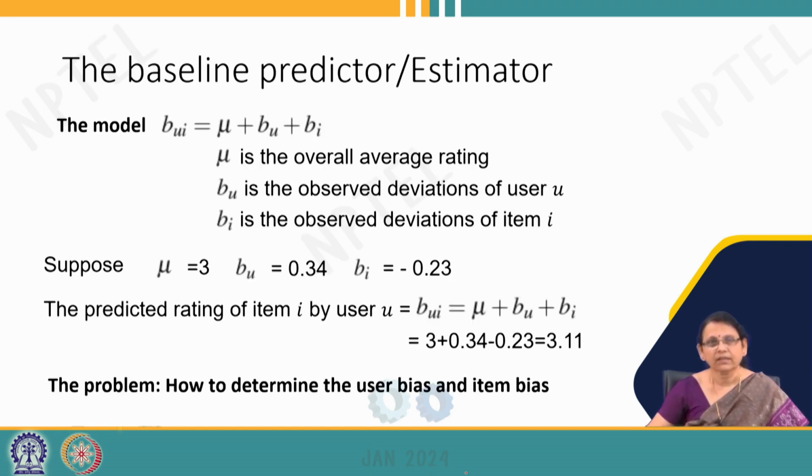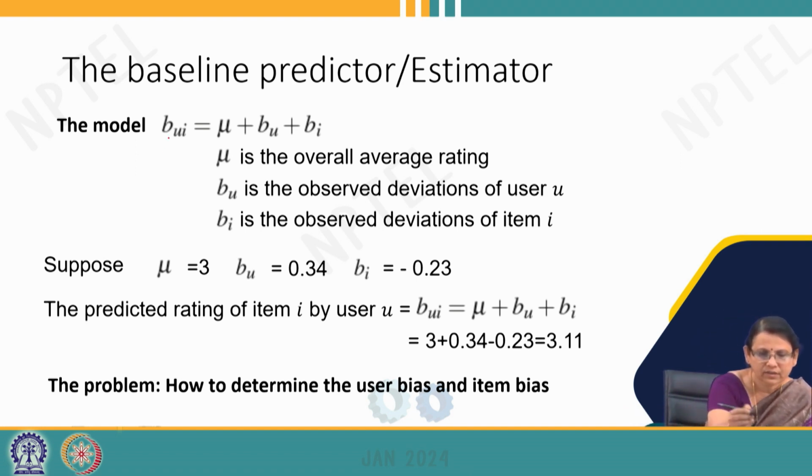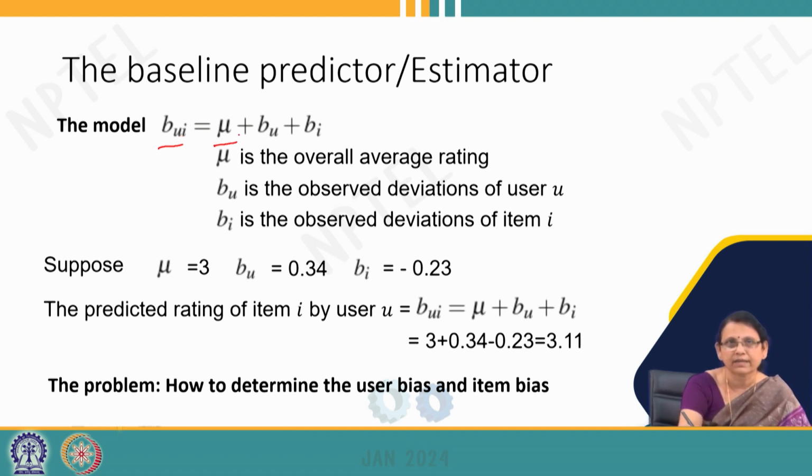The first model, popularly known as the baseline predictor or baseline estimator, goes like this. Here this is the predicted rating, and mu is the mean of the overall rating.